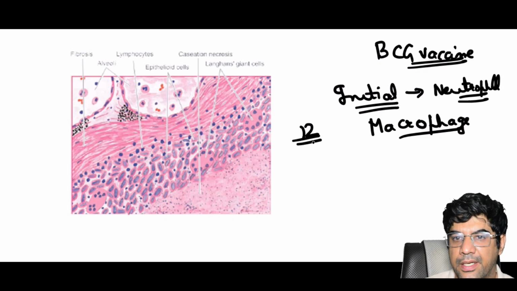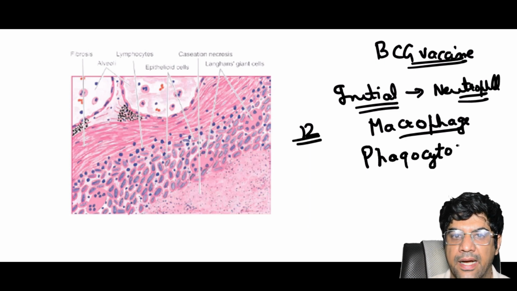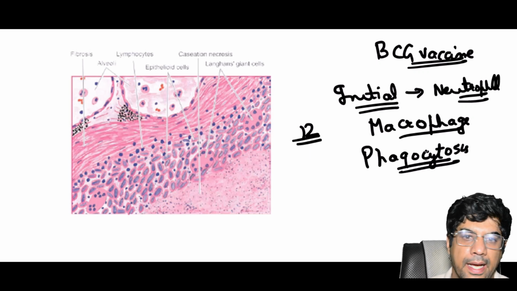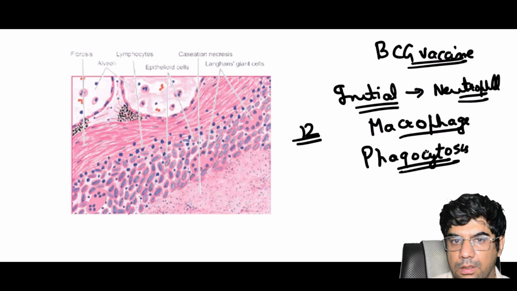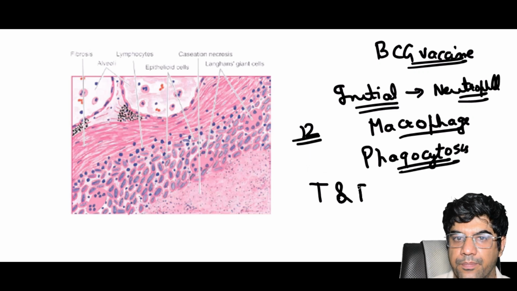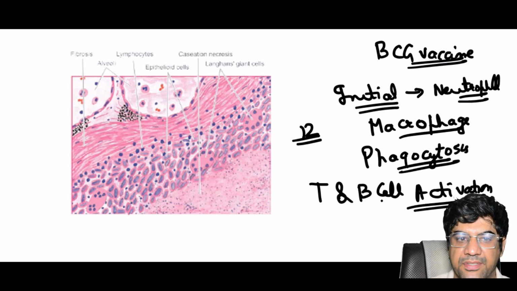The macrophages try to phagocytize, engulf and kill the bacteria. And if they die, more macrophages are recruited. There would be T and B cell activation. CD4 T cells cause a delayed hypersensitivity reaction, and B cells produce antibodies.